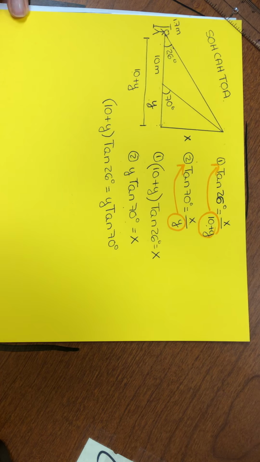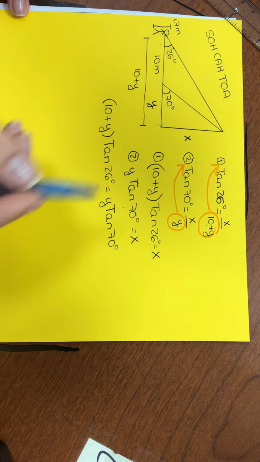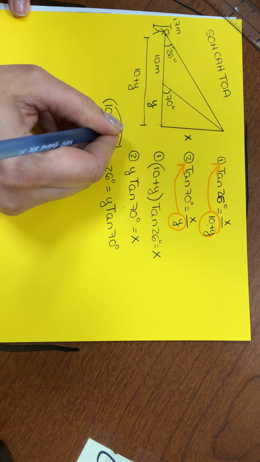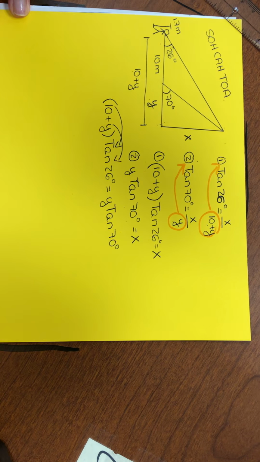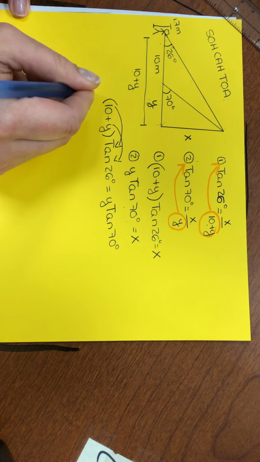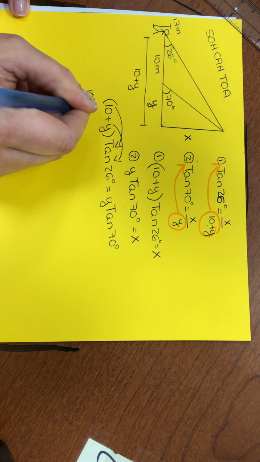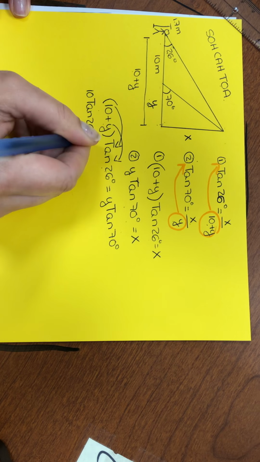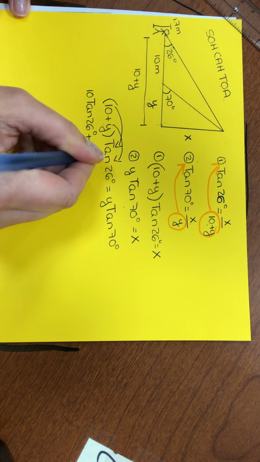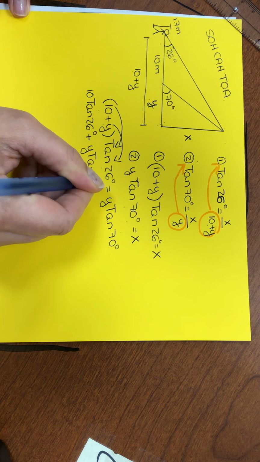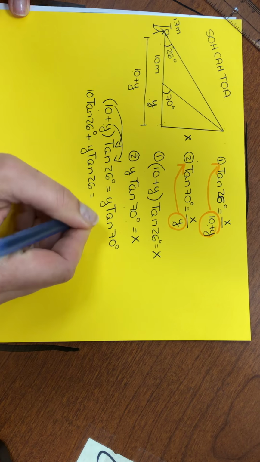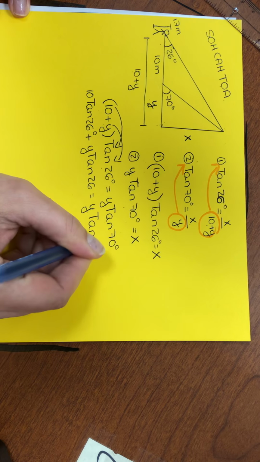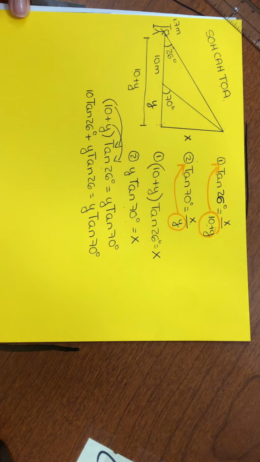They will equal each other. Now it's time to distribute, so I will multiply 10 times tangent of 26 and y times tangent of 26. So 10 times tangent of 26 is 10 tangent of 26, and y times tangent of 26 will be y tangent of 26. That will be equal to, this one stays the same, y tangent of 70.